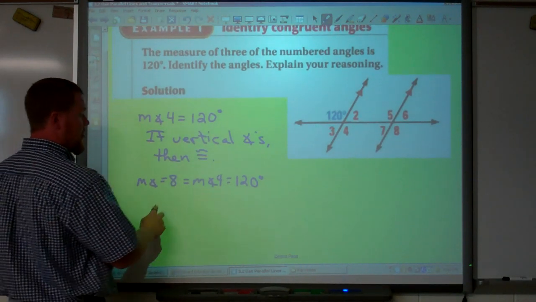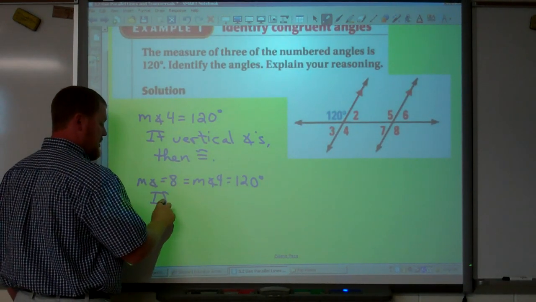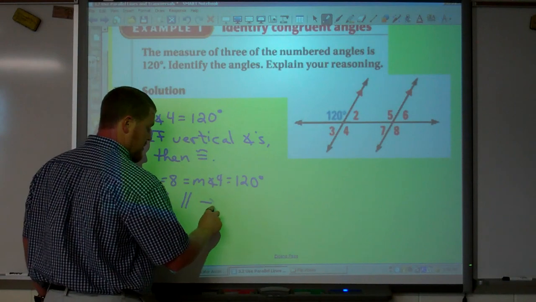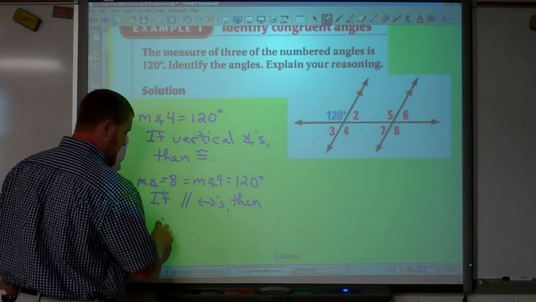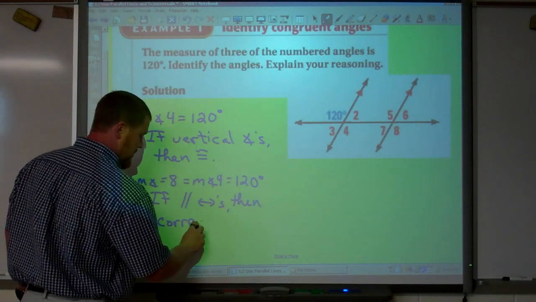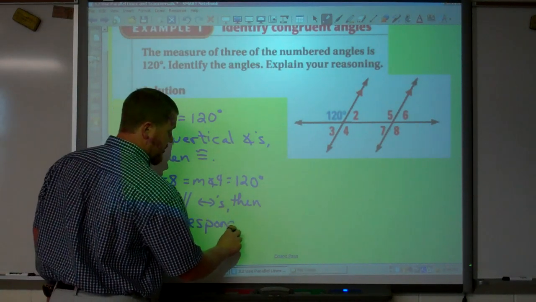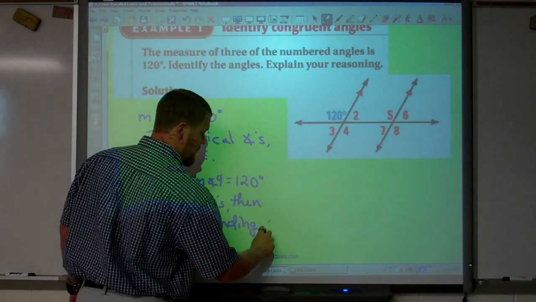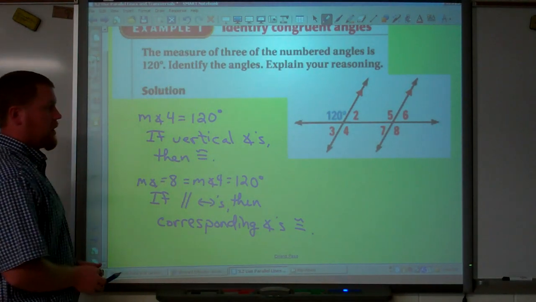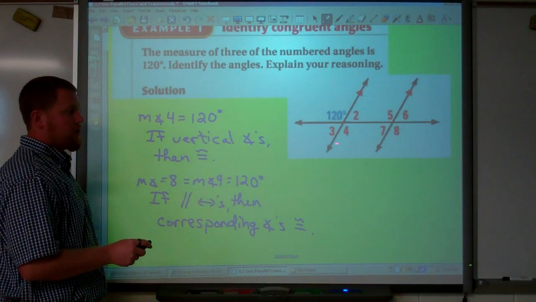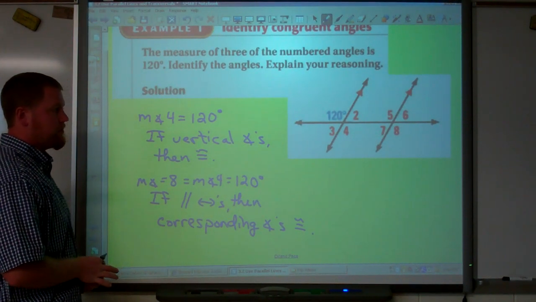And why? Because if parallel lines, then corresponding angles are congruent. We have parallel lines, so therefore corresponding angles are congruent.